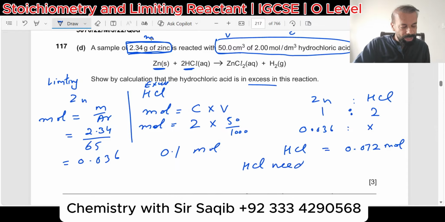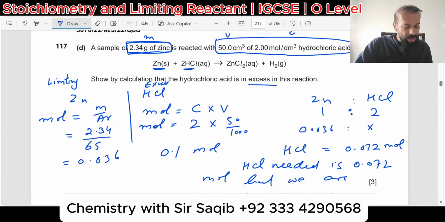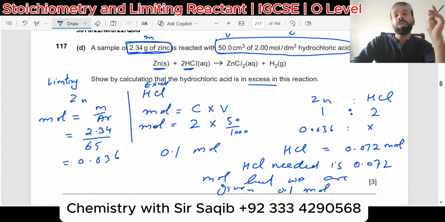HCl needed is 0.072 mole, but we are given 0.1 mole, that is in excess, that is more than our required quantity. So this calculation proves that HCl is in excess, right?